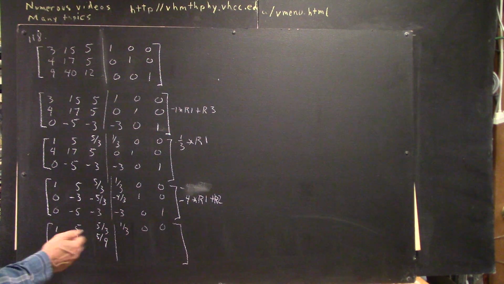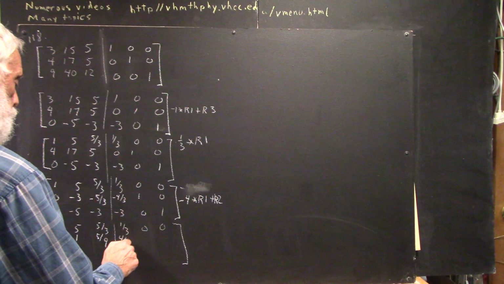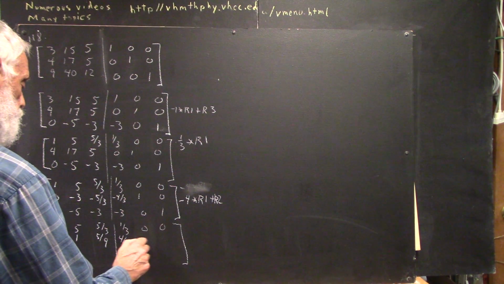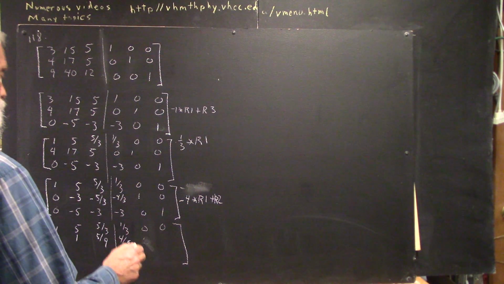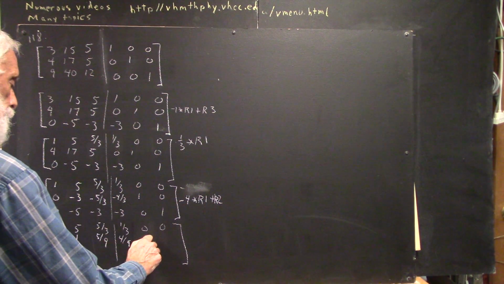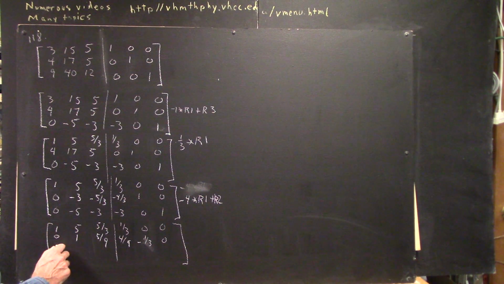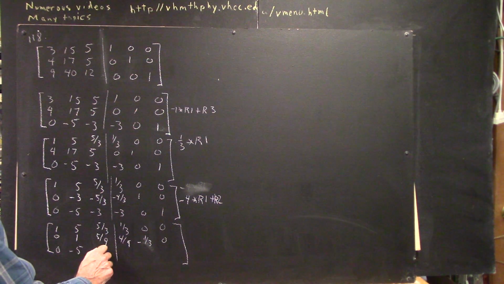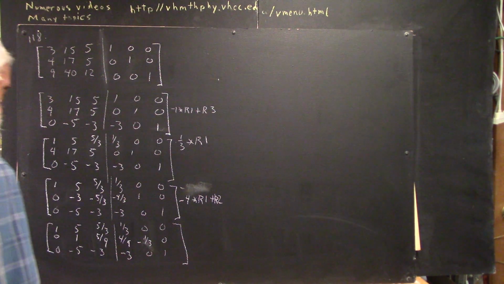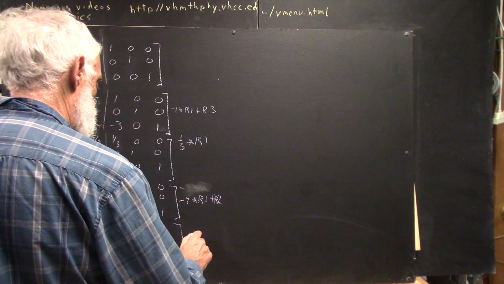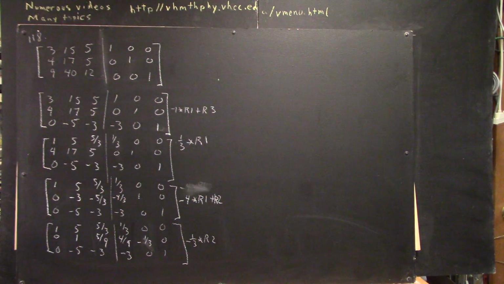Negative 1/3 times 5/3 is 5/9. Negative 1/3 times 4/3 is 4/9. And of course we have then negative 1/3 times 1 is negative 1/3 and 0. And then in the last row we've got 0, negative 5, negative 3, negative 3, 0, 1, this row being unchanged. So what we've done is negative 1/3 times row 2.